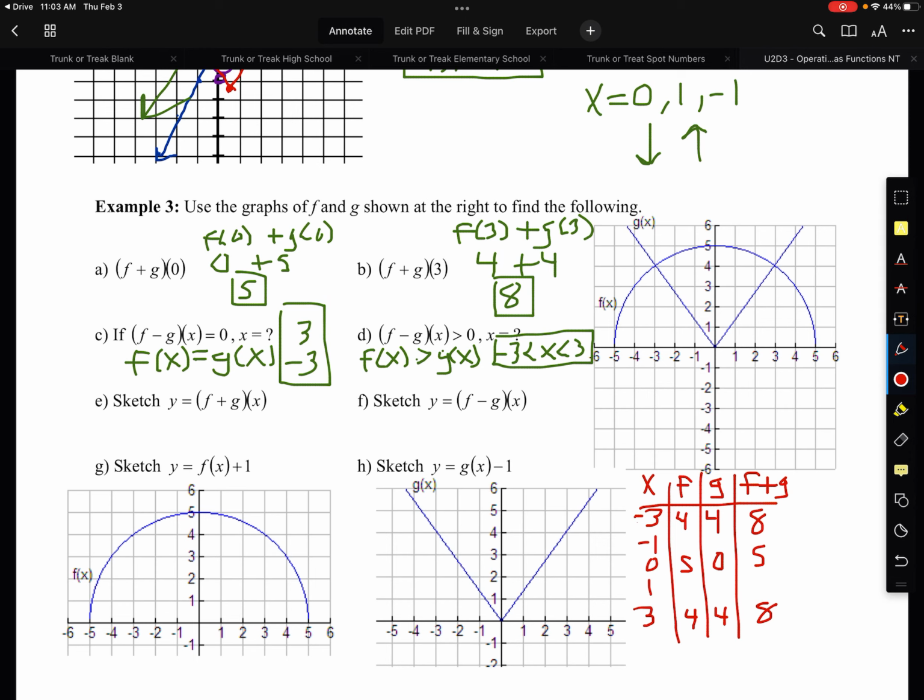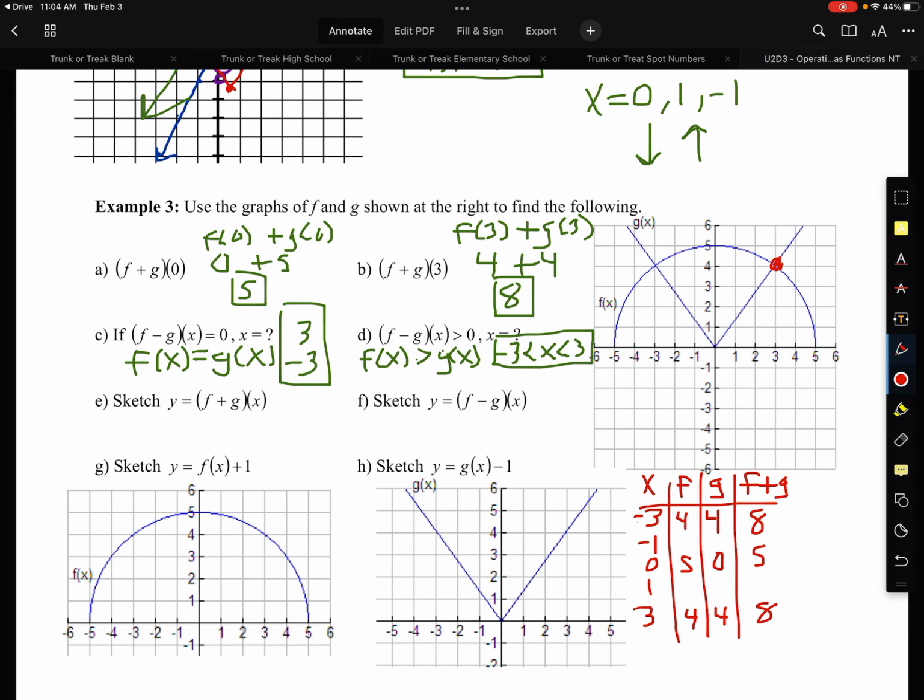And due to the one line being curved, it's not really going to go in a linear setup. So the question is, as we add them together, will they be increasing? Will they be decreasing? Well, the fact that this goes down to 0, this would be our highest point right here. 4 plus 4 is 8.